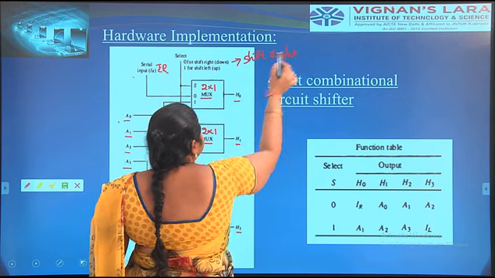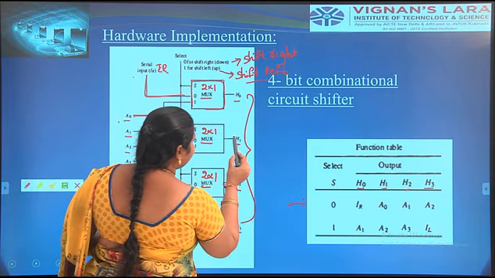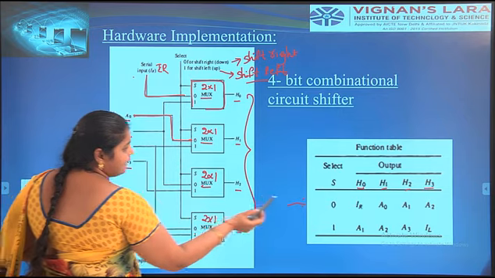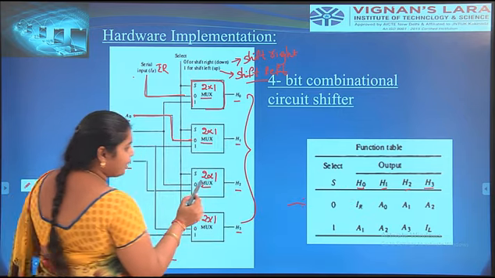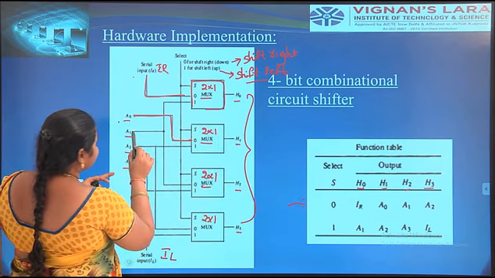In the first multiplexer they get the input from IR, and in the second multiplexer they get the input from A0. In the table, A0 receives the input to H1. In H2 as an output, it receives the input from A1.